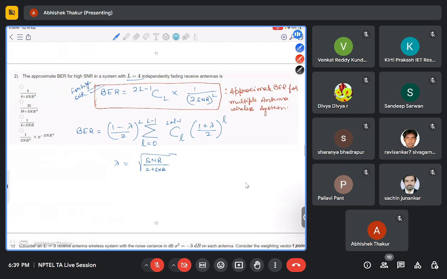So now we can substitute the value of L. Bit error rate is equal to, L is 4 here, so 2 into 4 minus 1, 7 C4 into 1 by 2 into SNR to the power of 4. So this is equal to 7 factorial by 4 factorial into 3 factorial.